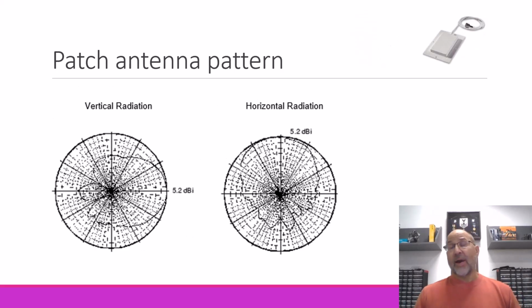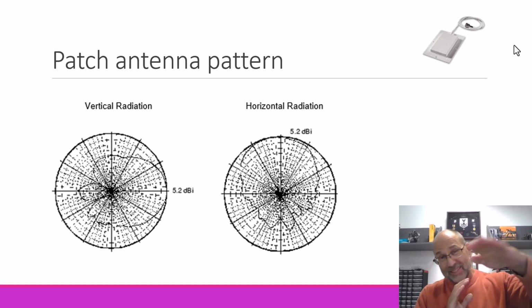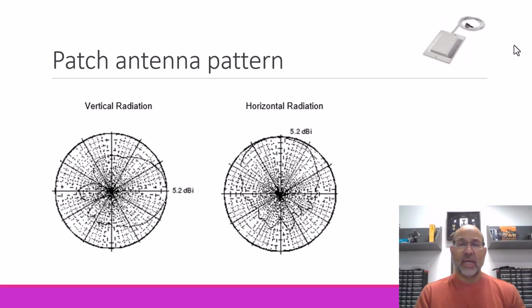All right, now as promised, we have a couple of radiation patterns for you. Now here, right above me is a patch antenna. It is a directional antenna. And a lot of times we think about antenna radiation patterns from both a horizontal view, if I'm looking at the side, right, what does the energy look like?